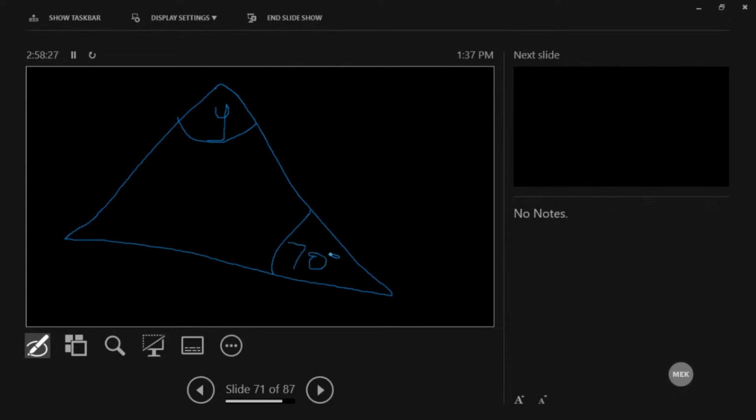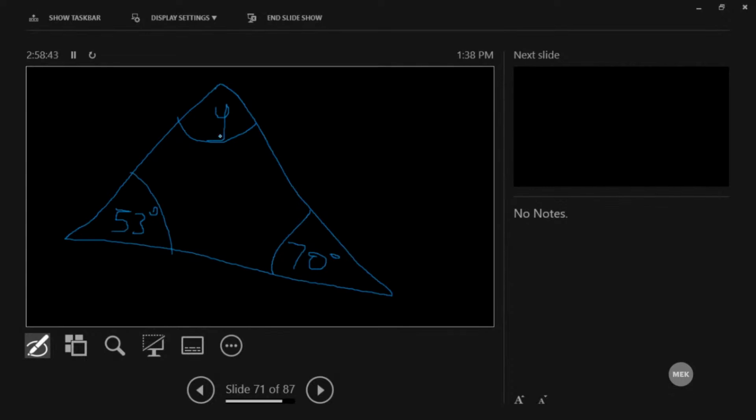All right, again, we have a triangle. We want this one, this is y. We know this one is 70 degrees, and we know that one is 53 degrees. So we know two of the angles.